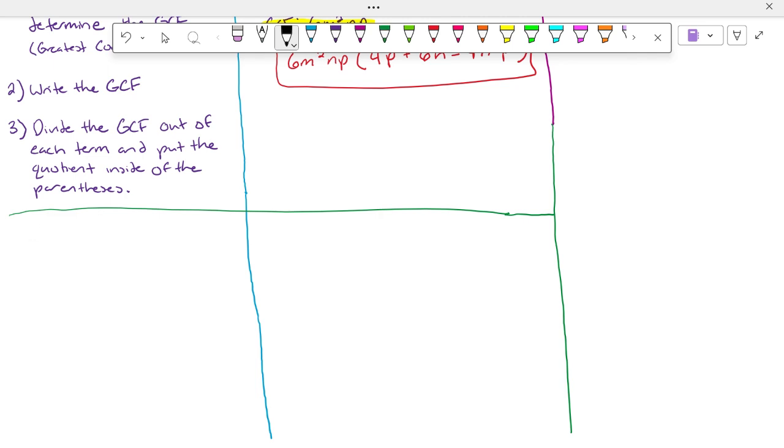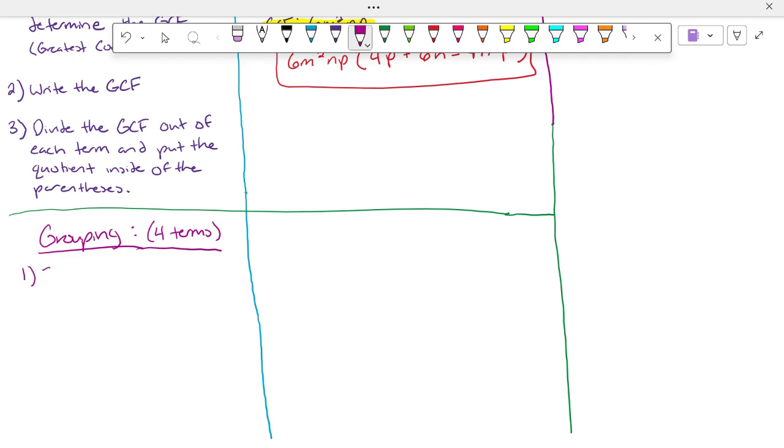So this next one we're talking about is grouping. Now, I'm going to make a note that this is when we have 4 terms. That's when we want to group.